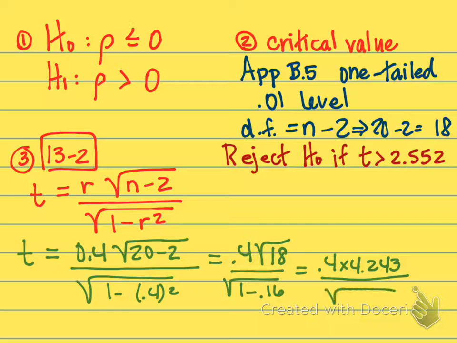divided by the square root of 0.84. So let me copy this equation over because I've run out of space.